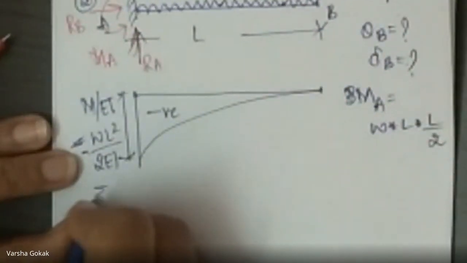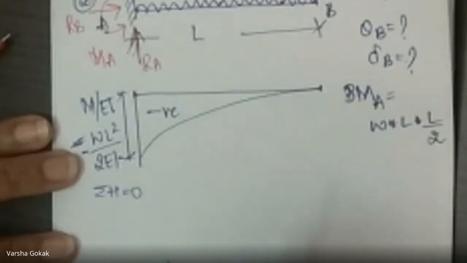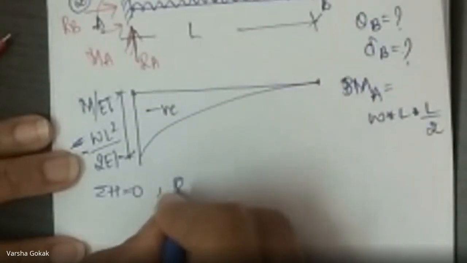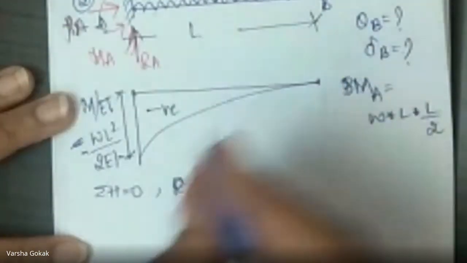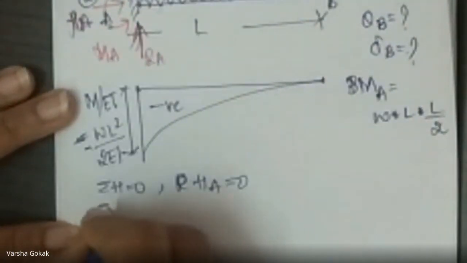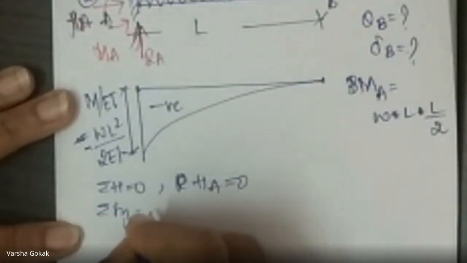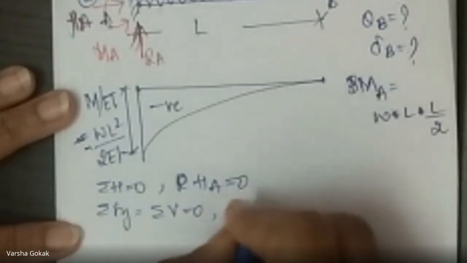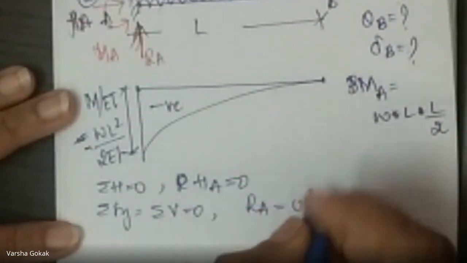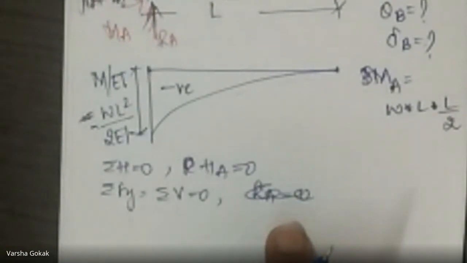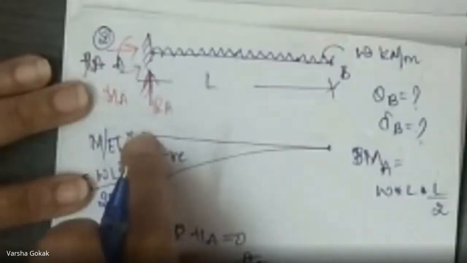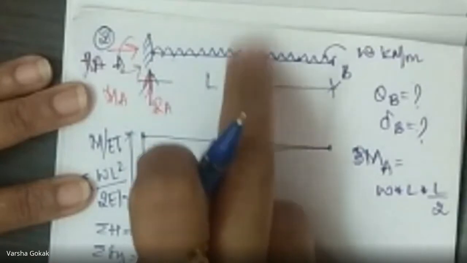Now we will apply summation H equal to 0, that is all the horizontal forces. From that I get to know that HA equal to 0. If I take all the vertical forces, summation Fy or summation V equal to 0, then RA becomes equal to what? How will you get the value of RA? RA is the reaction and W into L is the load that is coming down.